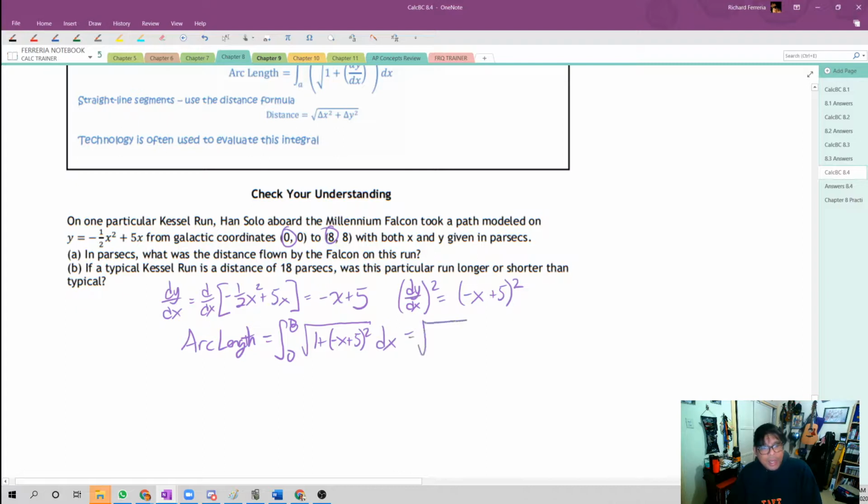And that's the integral from a to b of the square root of 1 plus (dy/dx) squared dx. Integrating that, again, you're supposed to just use your calculator.